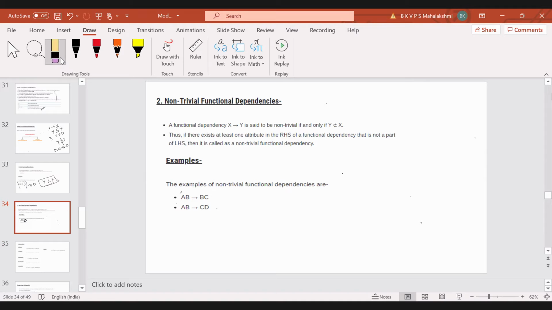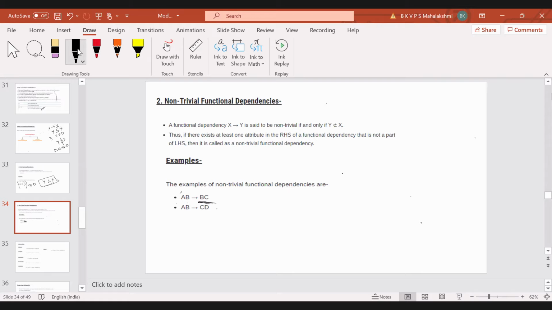And non-trivial. See here, the right side: the complete right side attributes should be a subset or equal to the left side attributes. If only some of the attributes are a subset of the left side, it will not come under trivial functional dependency.